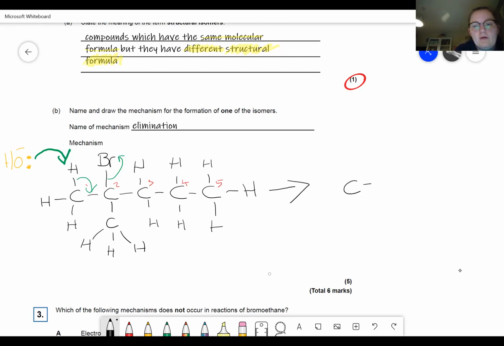So we'll have a carbon-carbon double bond, and we'll have the two hydrogens coming off it, because this hydrogen's lost now. It goes off with the hydroxide ion, so that's going to break off. And so we've got hydrogen here. We've got the double bond. That bromine has gone now as well to become bromide ion.